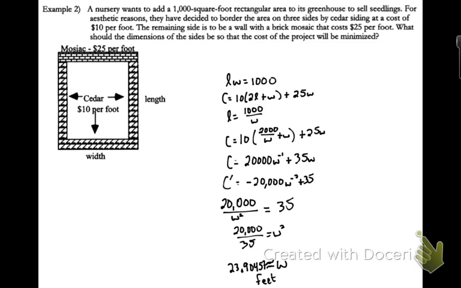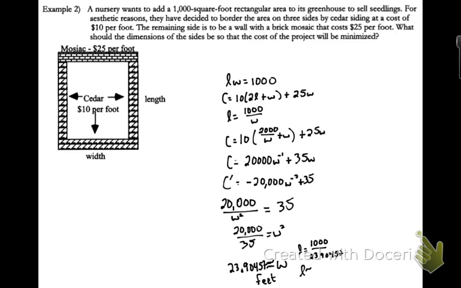And the reason I'm going to more decimal places is because I have to use this to come up with L. So this will increase my accuracy of L by taking more decimal places than needed. And L will have to be 1,000 divided by 23.9047.